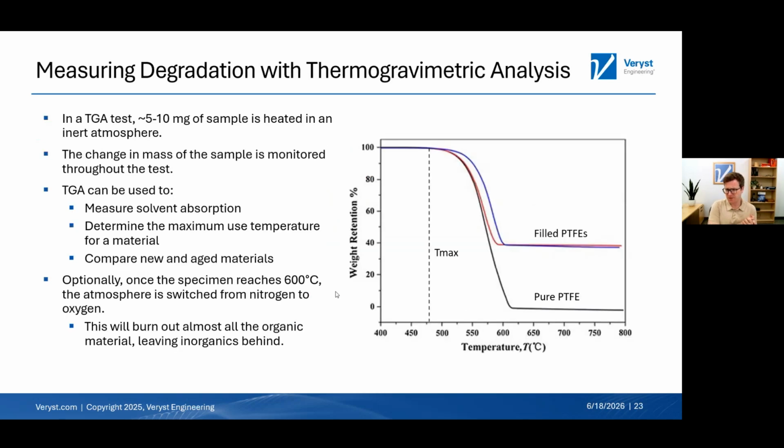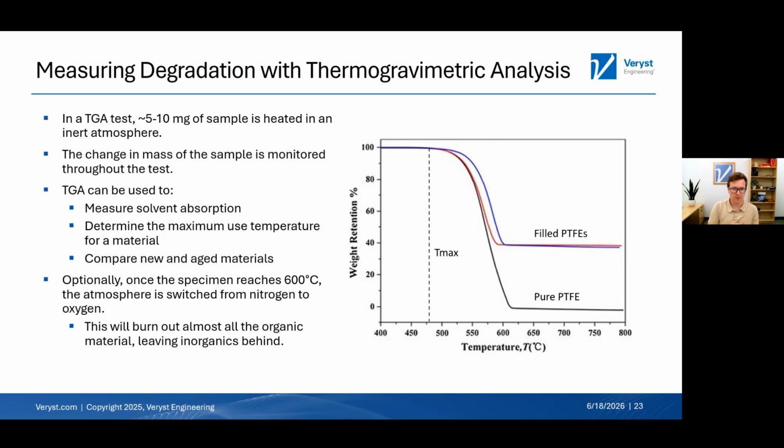Next, we're going to spend just one slide on TGA, thermogravimetric analysis. This is a relatively straightforward technique for measuring the elevated temperature resistance of your material. Essentially, you take a few milligrams of your material, heat it up, and measure the loss in mass.